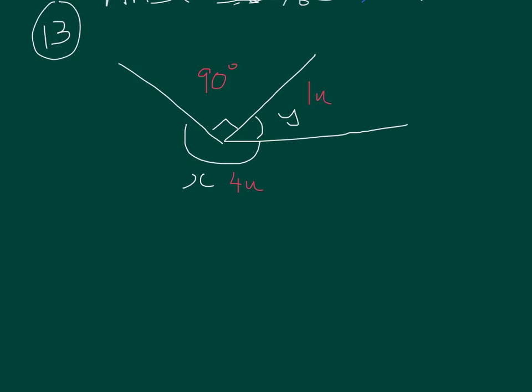Now we do know that angles at a point is equal to 360 degrees.